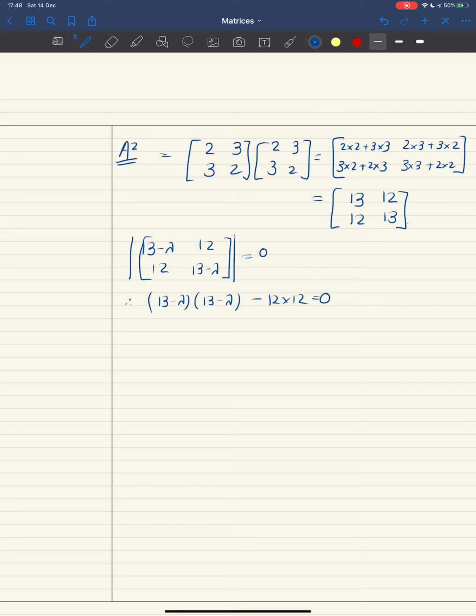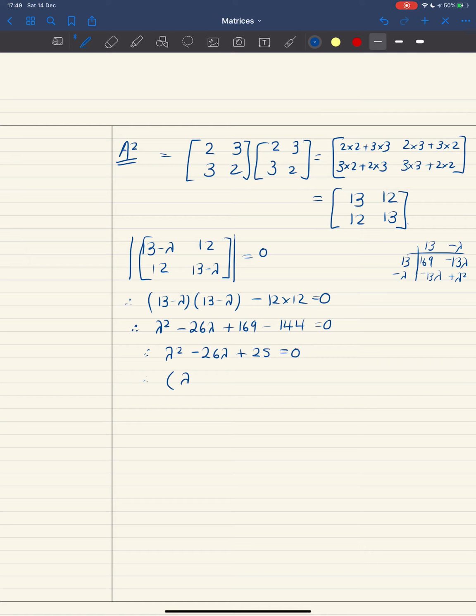Okay, if we multiply out 13 minus lambda, we get lambda squared minus 26 lambda plus 169 minus 144 equals 0. Lambda squared minus 26 lambda plus 25 equals 0.